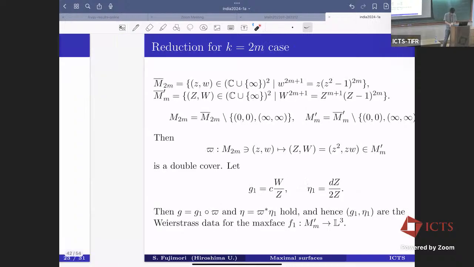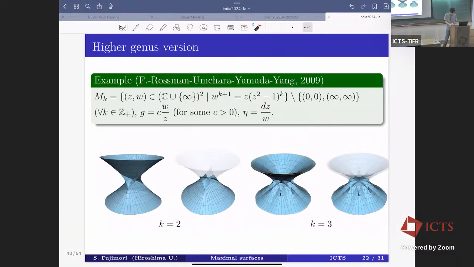So in our setting, the Riemann surface is genus 2, but actually this is a double cover of a maximal surface of genus 1. When k is an odd number, this is just a Riemann surface of genus 3.